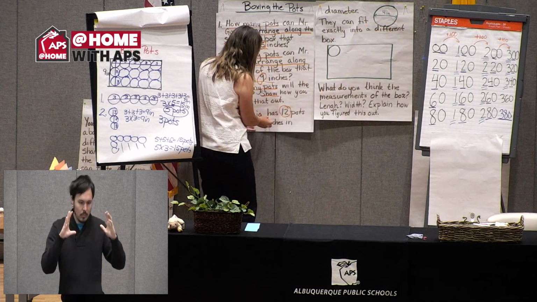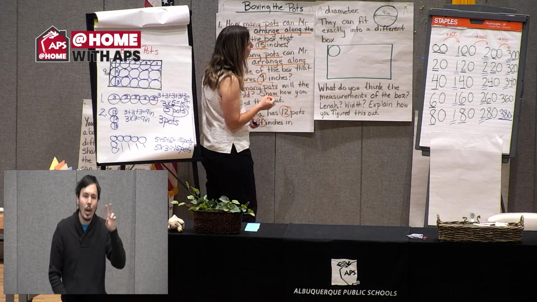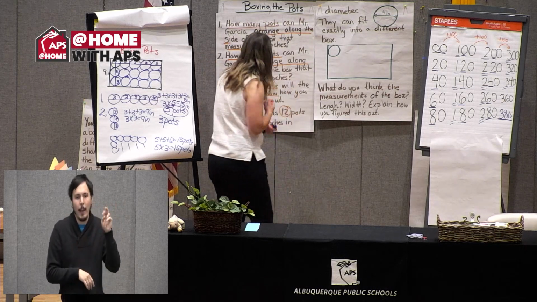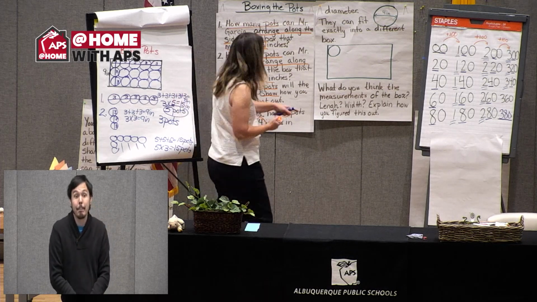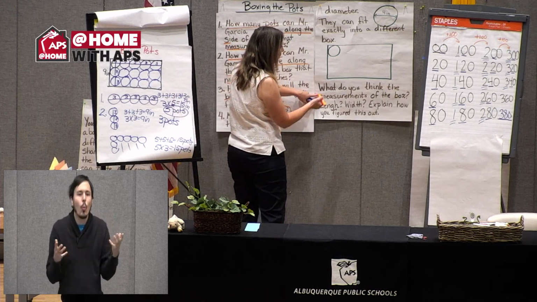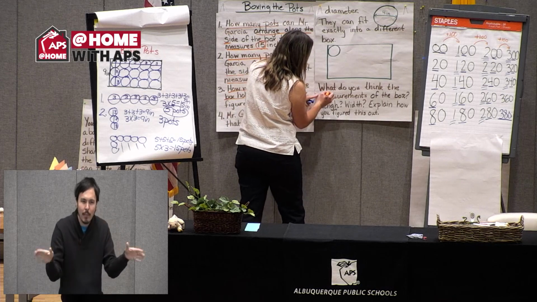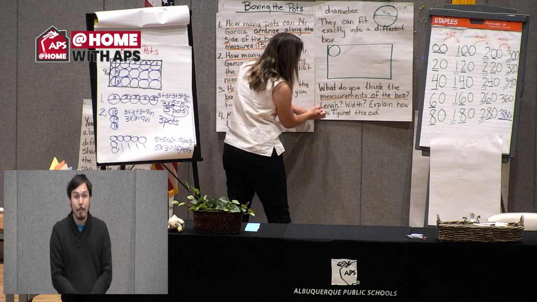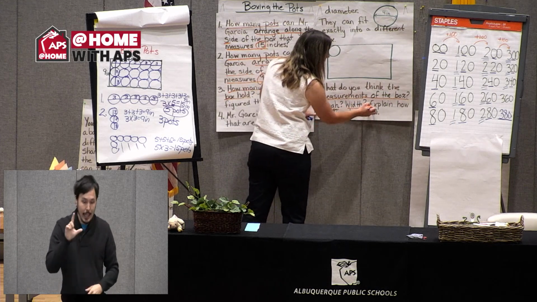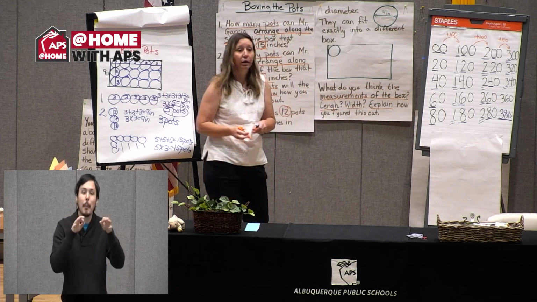So we know we have 4 inches in the diameter. And then what else do we need to know? Our question. What do you think the measurements of the box will be? What is the length, width, and then explain, right?